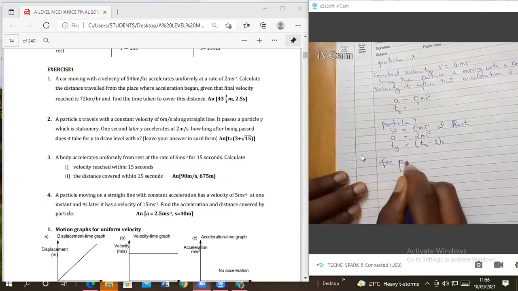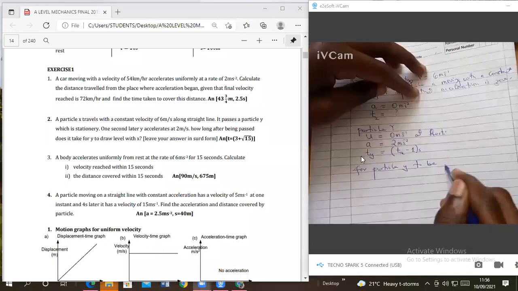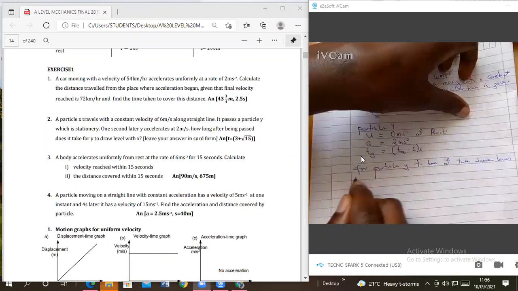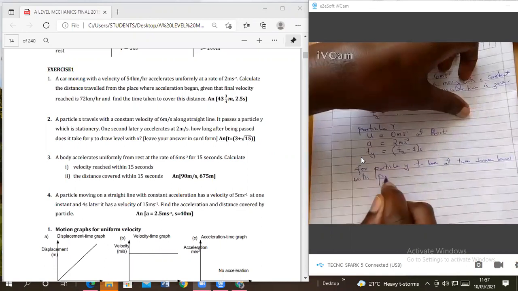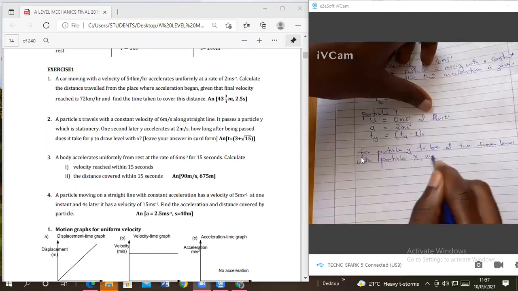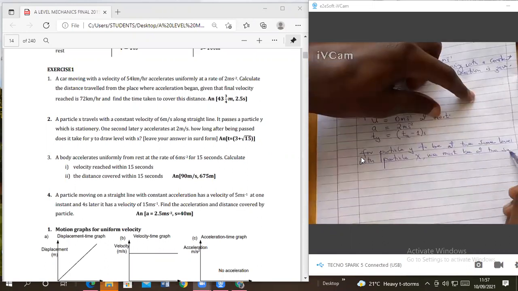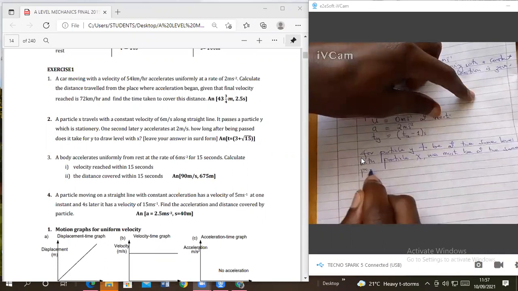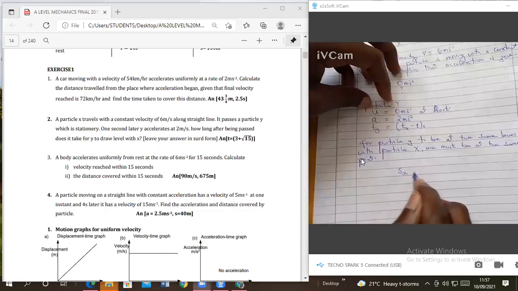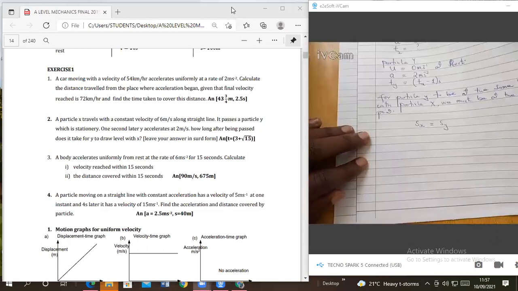For particle Y to be at the same level with particle X, they must be at the same point. Which means they must have the same distance, which means distance X must be equal to distance Y. Distance X must be equal to distance what? Y. Are you together, Stephen?